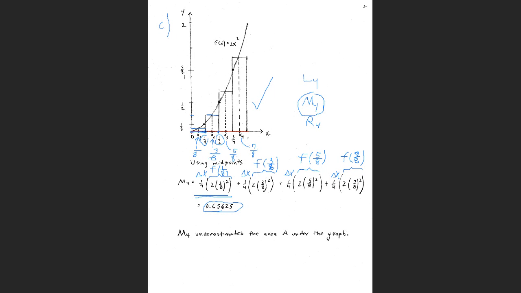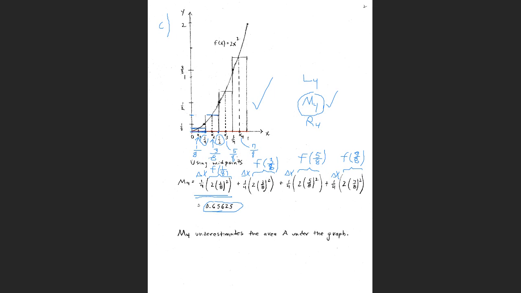So the question is, would M4, so we agree M4 is the best approximation of the three approximations to the actual area A underneath this curve, from x equals 0 to x equals 1.